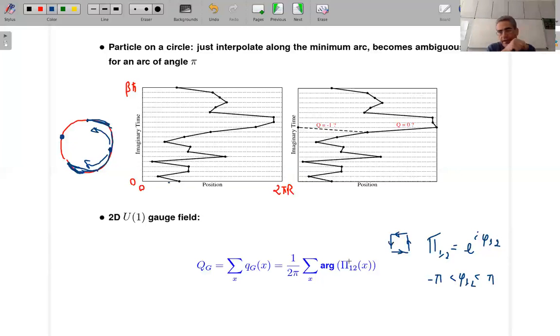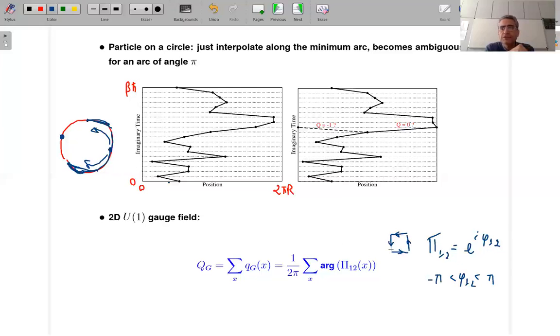In this case, if you divide the argument of each plaquette by 2π, you are counting exactly the flux going through the plaquette. So since the topological charge in a two-dimensional U(1) gauge field is nothing but the total flux going through the lattice, you are in some sense exactly counting the flux of a corresponding interpolating field going through the lattice.